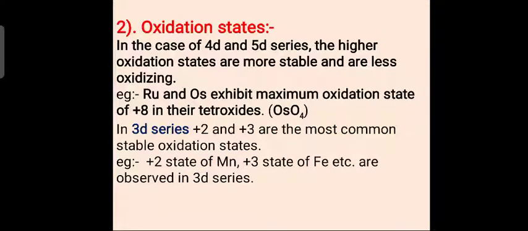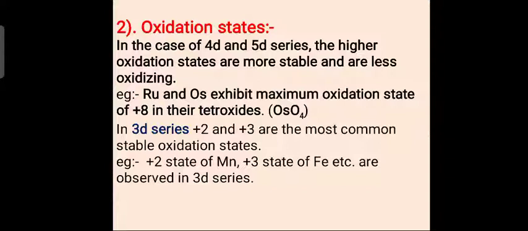Second point, oxidation states. In the case of the 4d and 5d series, the higher oxidation states are more stable and less oxidizing. For example, ruthenium and osmium exhibit a maximum oxidation state of +8 in their tetroxides. Osmium tetroxide is OsO4, and what is the oxidation number of osmium? +8.